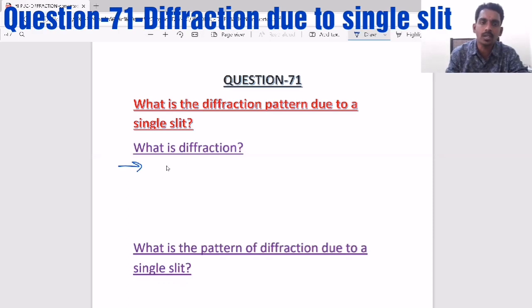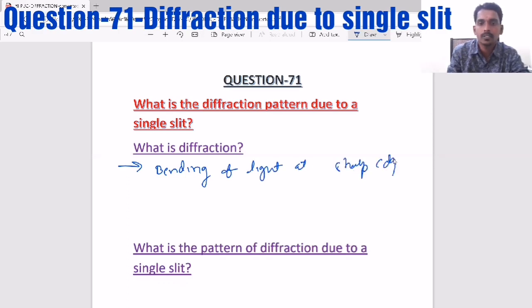But first of all, we have to understand what diffraction is. Diffraction is nothing but the bending of light at sharp edges. So bending of light at sharp edges is called diffraction.